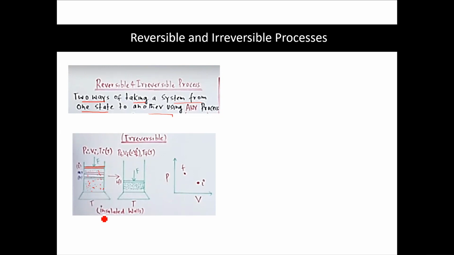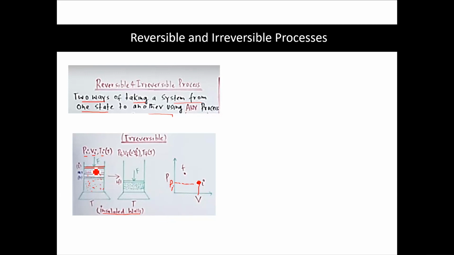The assembly is such that the outside is insulated, so there is no heat flowing outside the system. This is the initial system. At the initial stage, my pressure, volume and temperature are known to me. And if I have a PV plot, I can say that at the initial state my volume is this and the corresponding pressure is this, Pi.